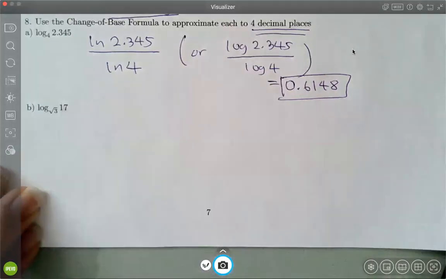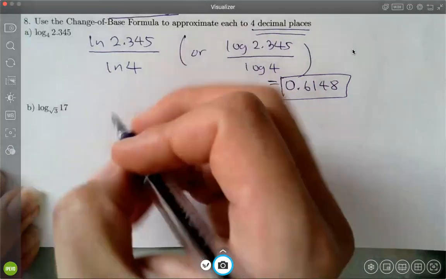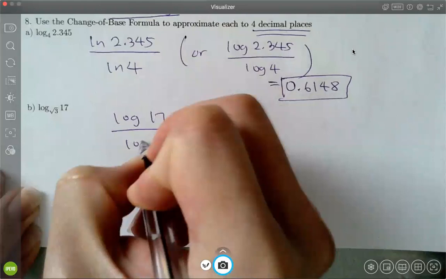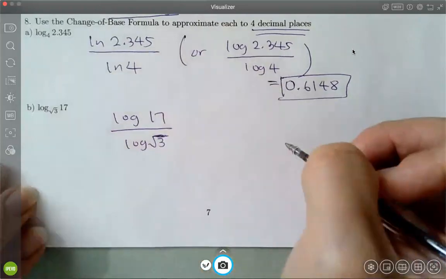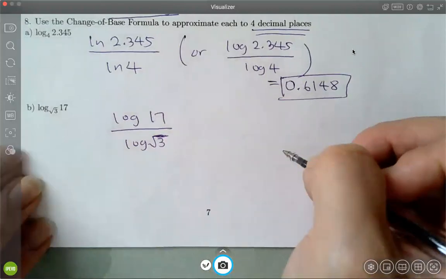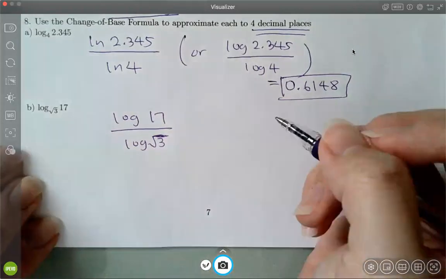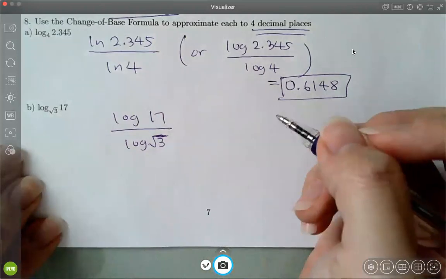And now, log base square root of 3 of 17. Here again, we see some weird base, the square root, but that's fine, because as long as your base is positive other than 1, it can be any number. So this is equal to what? Log 17 over log square root of 3, right? Or you can use ln 17 over ln square root of 3. It doesn't really matter. So what is this equal to?